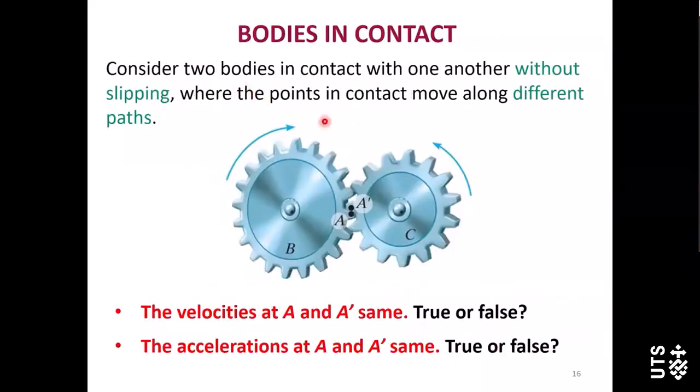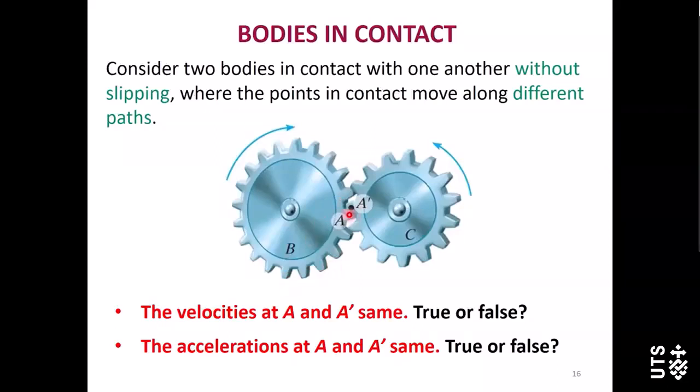Next, here there's a different problem. In this one, 2 rigid bodies contact with each other, and actually you can see 2 gears. As mentioned before, we normally assume between 2 engaged gears, no slipping. Now I have 2 questions.